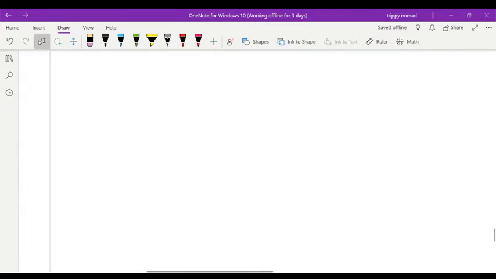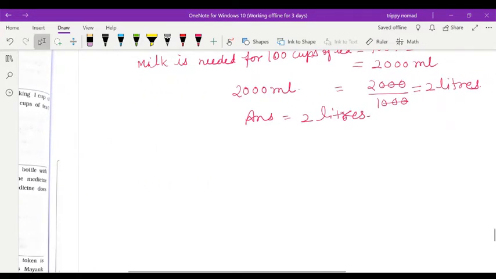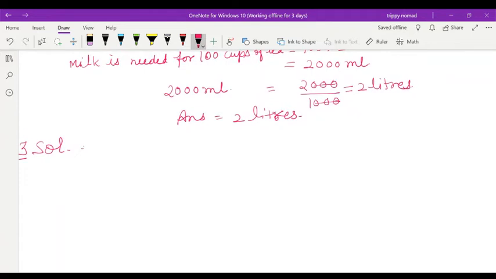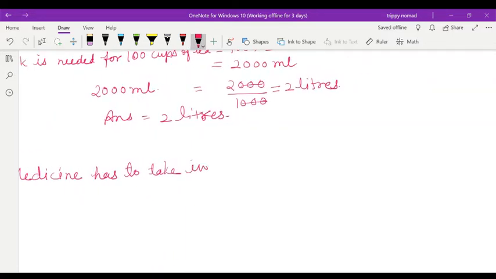Here question number 3, solution. Now, total medicine has to take in 10 days, how much quantity? 200 milliliter.